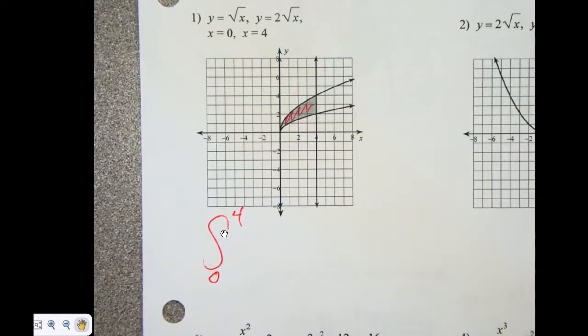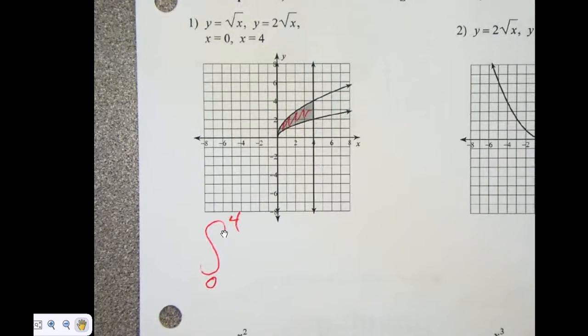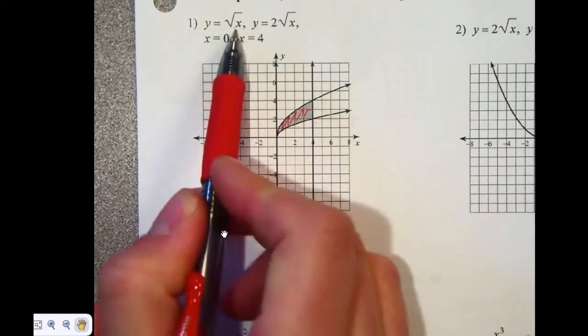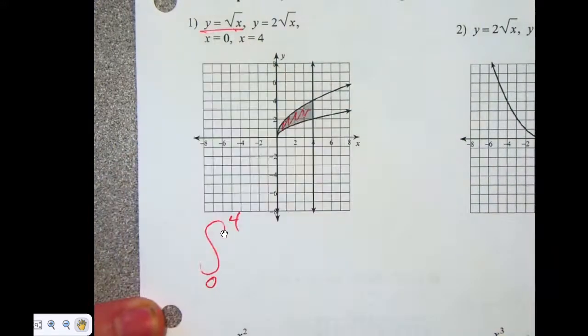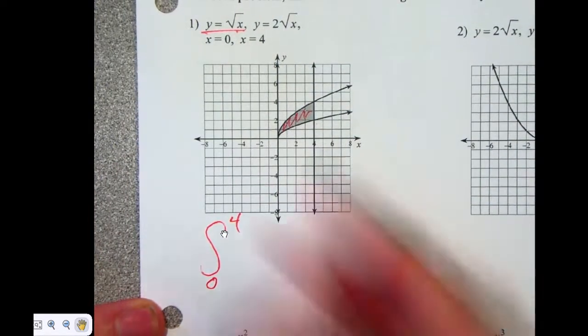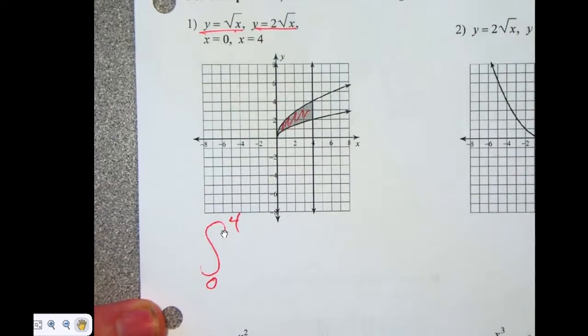And then I want to put the top equation minus the bottom equation. In some cases, it's obvious which is which. In some, it's not. If you don't know which one's on top and which one's on the bottom, plug in a number. If I plug 1 into this equation, what do I get? 1. If I plug 1 into this equation, what do I get? 2.